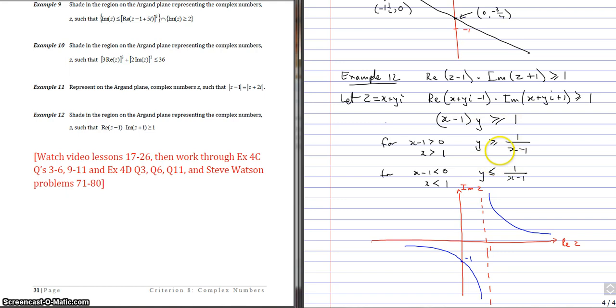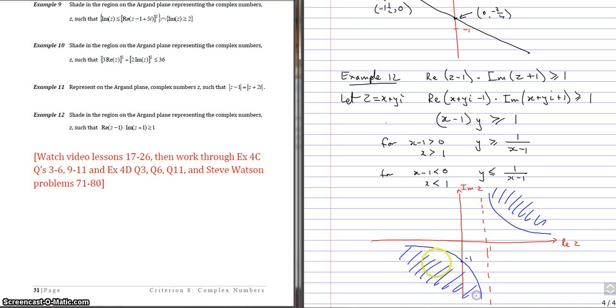Alright, so this condition here, y being greater than or equal to 1 over x minus 1, is for x values greater than 1. So on the right hand side, we shade here. For values of x which is less than 1, so for the left hand side of our vertical asymptote, y is less than or equal to 1 over x minus 1.